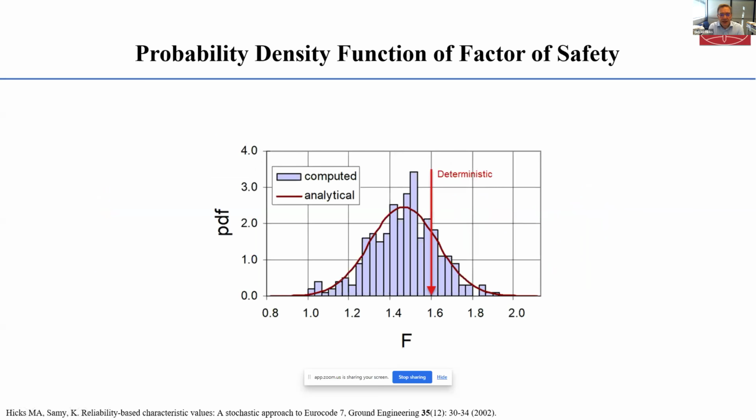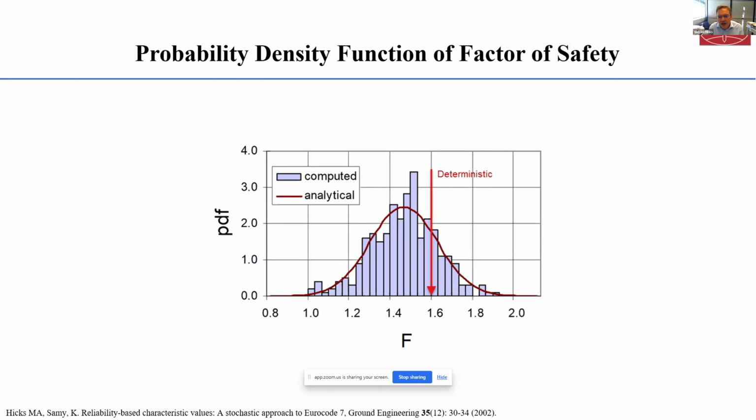And then we can plot the predictions for the factor of safety as a probability density function. And we can approximate that probability density function by an analytical distribution, as you can see in this picture. I think in this picture here, we carried out about 500 realizations for this particular problem. Now, what you can see in this picture are two main things.